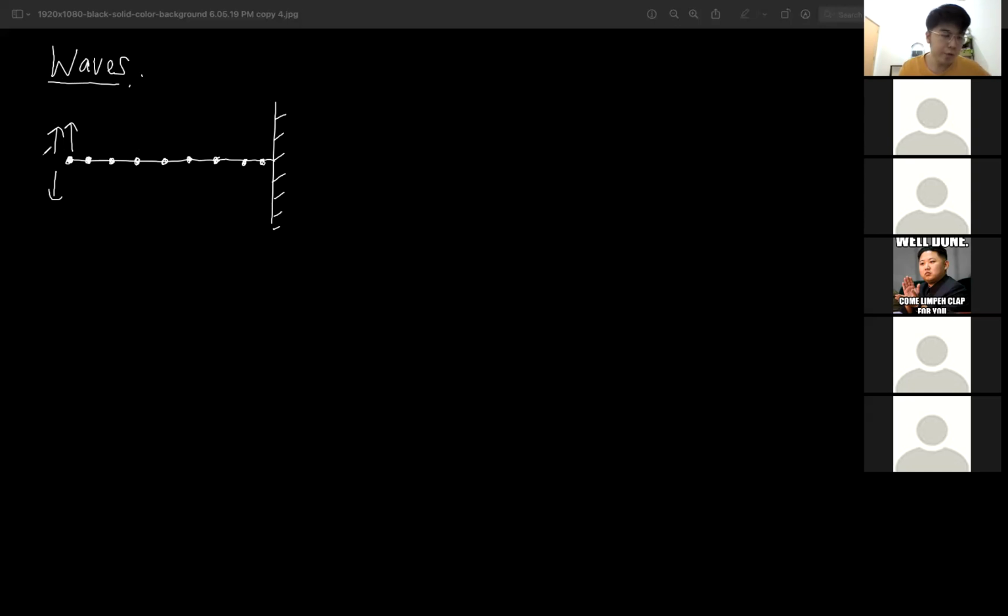So when you do this up-down movement, if you only do it one time, you create a pulse. A pulse is just one-off. It's one time, gone. If you keep doing that, then you get a continuous wave, or we call it the progressive wave, continuous.